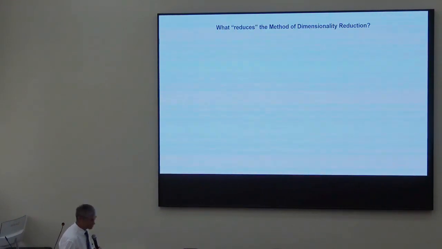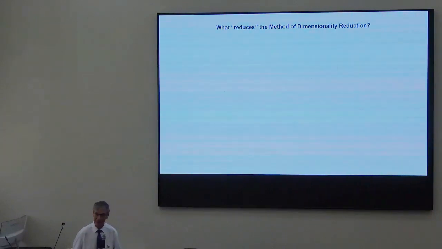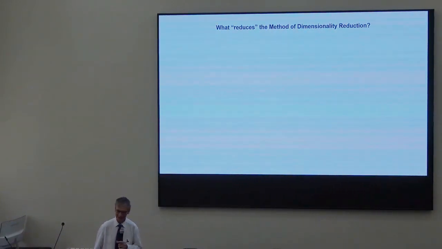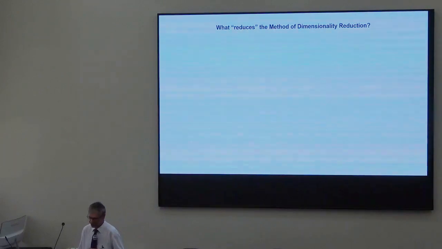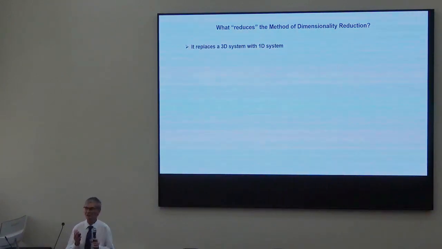So now I am already at the end of my presentation. I told about the method of dimensionality reduction. Yeah, what exactly does the method of dimensionality reduction reduce? First of all, it replaces the three-dimensional system by a one-dimensional one.